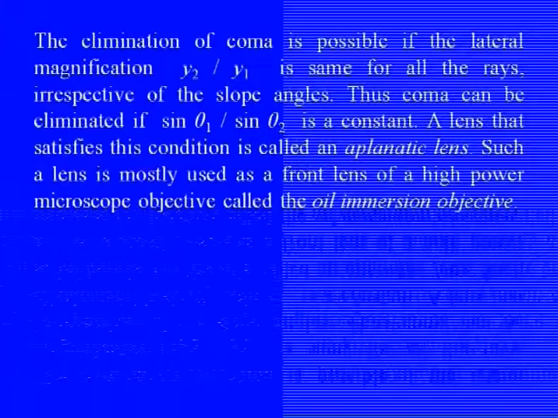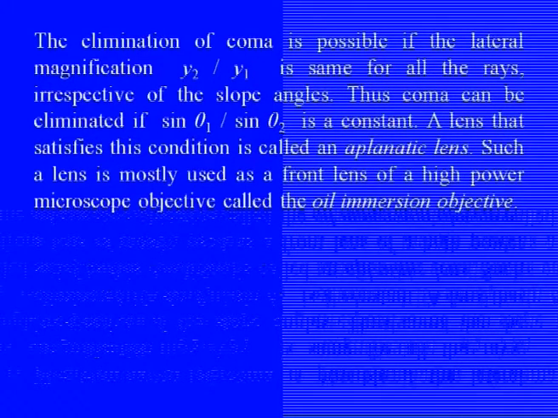Now, the elimination of coma is possible if the lateral magnification y2 upon y1 is the same for all the rays, irrespective of the slope angle, irrespective of theta 1 and theta 2. Thus, coma can be eliminated if sin theta 1 divided by sin theta 2 is a constant. A lens that satisfies this condition is called an aplanatic lens.